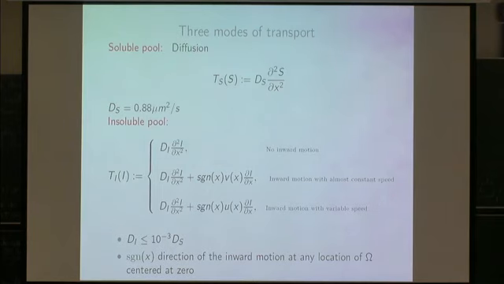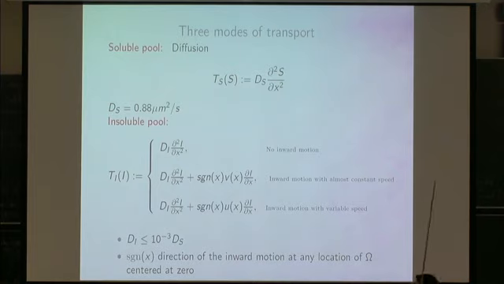Now, for the transport, again, guess what? I'm going to make different scenarios to compare to see what is the best scenario possible to represent the data. So, for the soluble pool, I'm going to have just diffusion. For the insoluble pool, what I will have is a very small diffusion that is going to represent this jiggling we can observe in the movie.